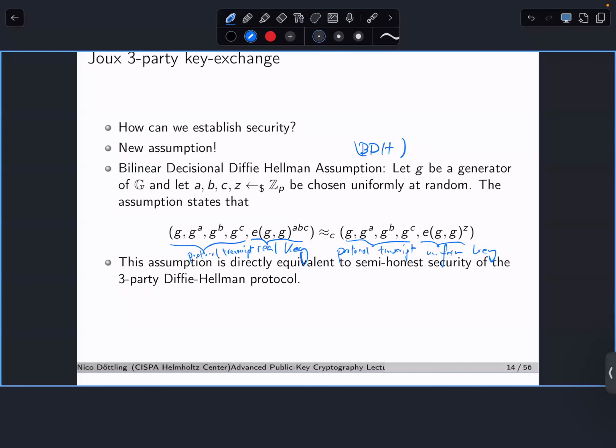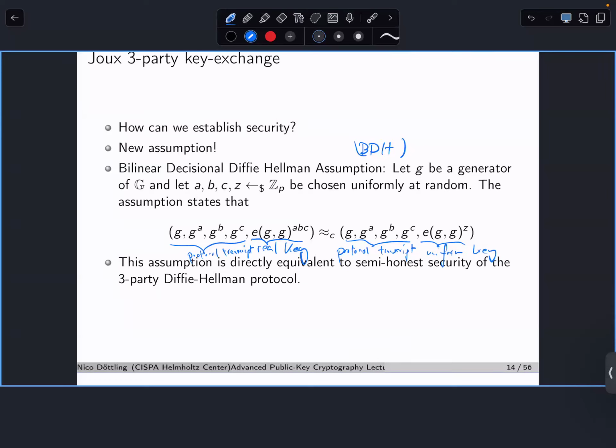So if in our source group CDH doesn't hold, then this assumption doesn't hold. But what we would actually need is the reverse, right? If we wanted to argue security on CDH, we would need that if CDH holds, then this assumption holds. That's what we would need to argue security of this protocol from CDH.